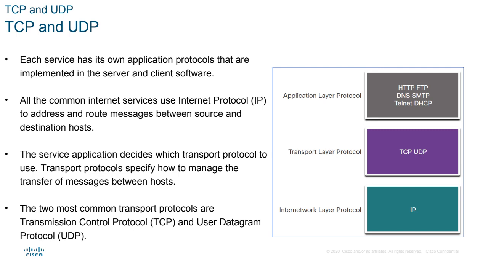Each service has its own application protocols. For the application layer, we already mentioned some examples: HTTP, FTP, DNS, Telnet, DHCP. They are all examples of application protocols, and so on.